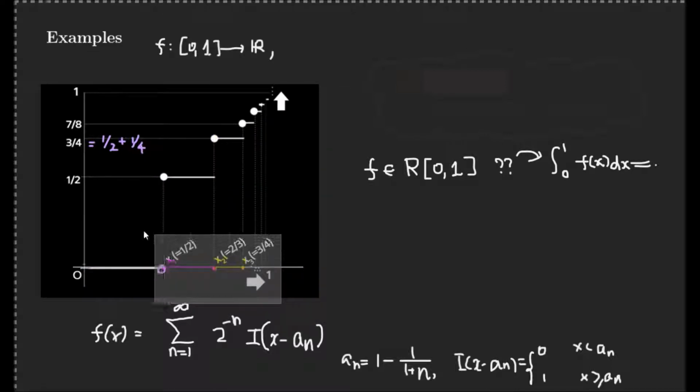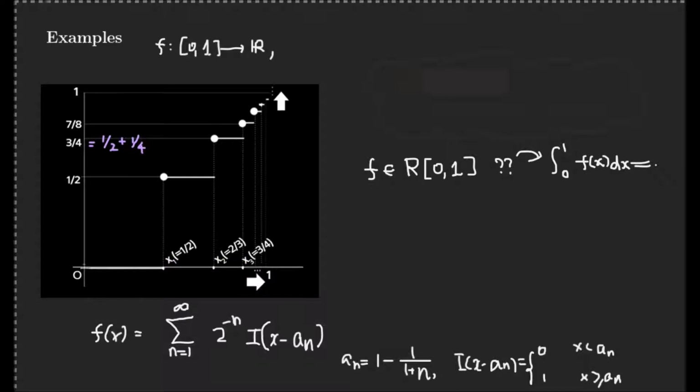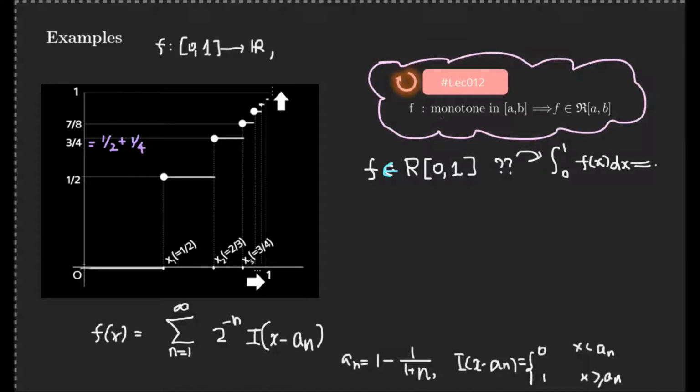In fact, this is Riemann integrable, because in the previous lecture this function is monotone on the closed interval 0 to 1. Because of this property, f is Riemann integrable, and we can evaluate the value.